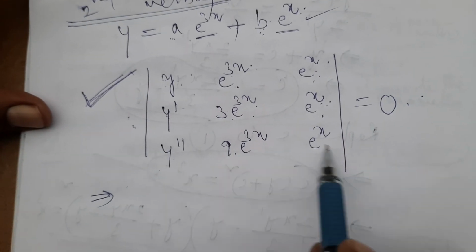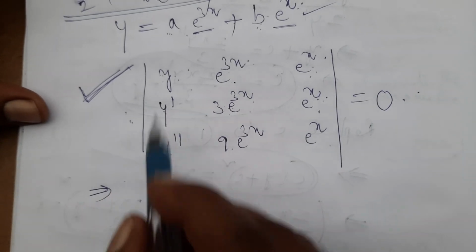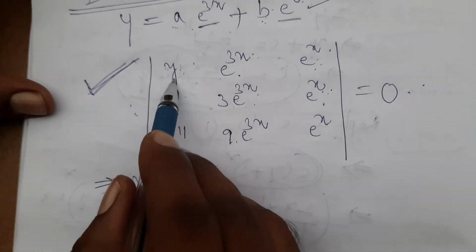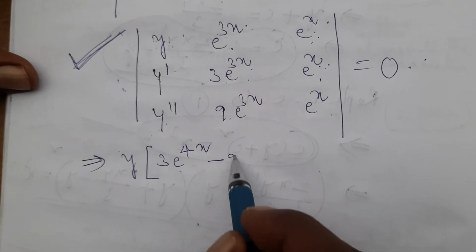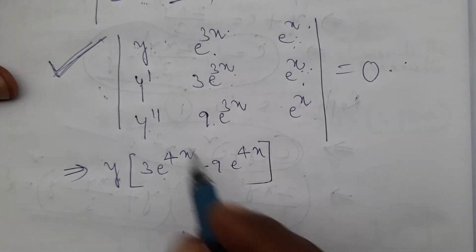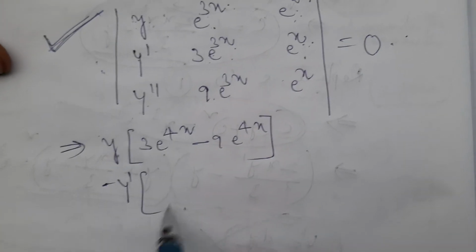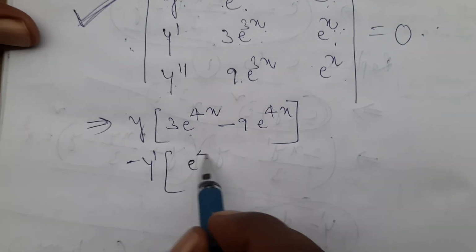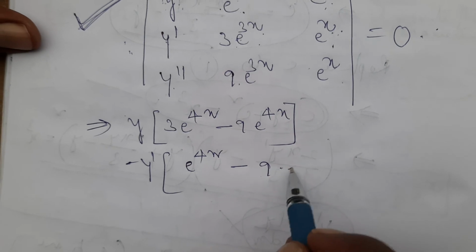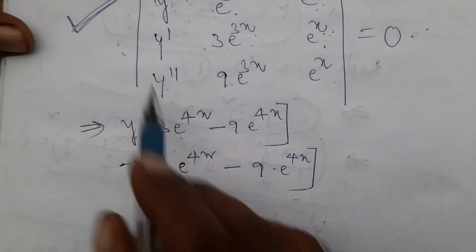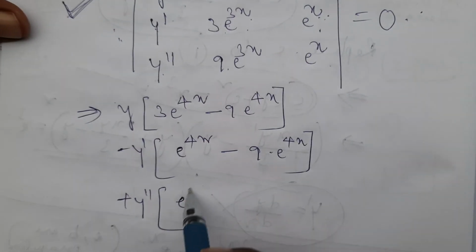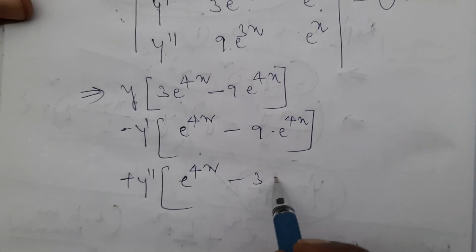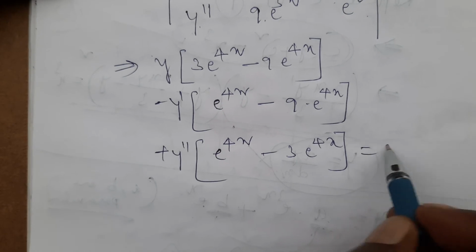Then expand this determinant. y into (3 e power 4x minus 9 e power 4x), minus y dash into (e power 4x minus 9 e power 4x), plus y double dash into (e power 4x minus 3 e power 4x), equals 0.